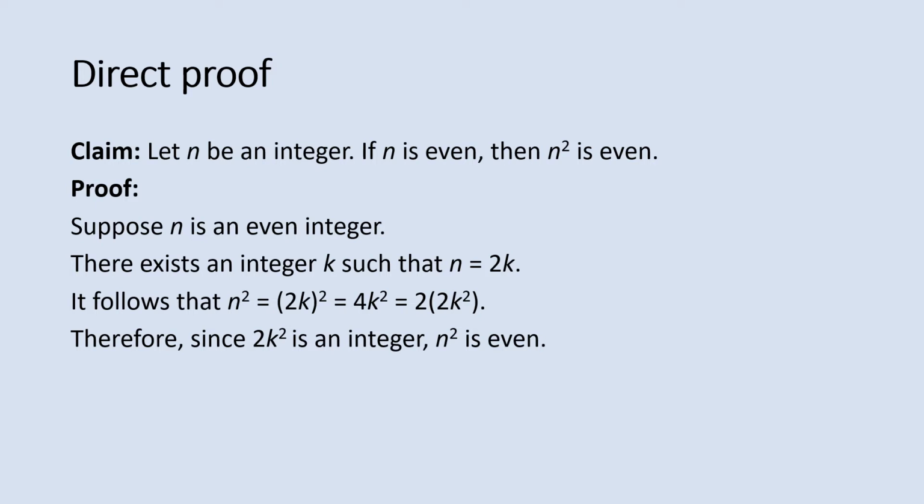Since that something is itself an integer, and this follows from the closure of multiplication, 2 times k squared is an integer, n squared is 2 times that, and so therefore n squared is even. And so we started with our hypothesis, reached our conclusion, and so our proof is concluded.